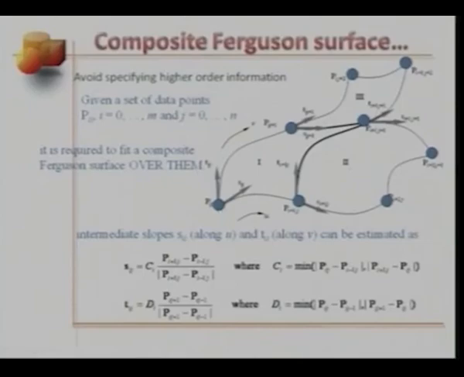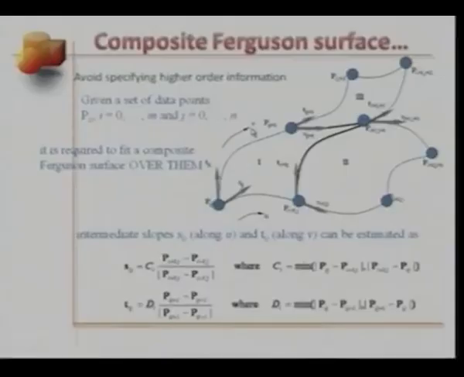To estimate Tij, we are considering three consecutive data points along the parameter v direction, like these. It would be easier to understand if we look at the estimation of Ti,j+1. There it will be clear that we are considering Pij, Pi,j+1 and Pi,j+2.